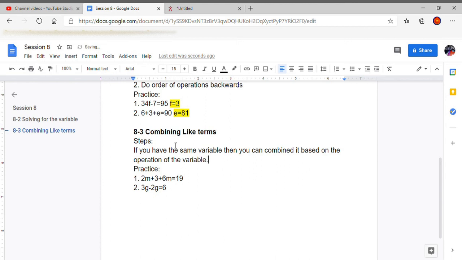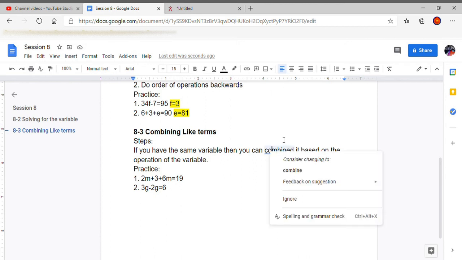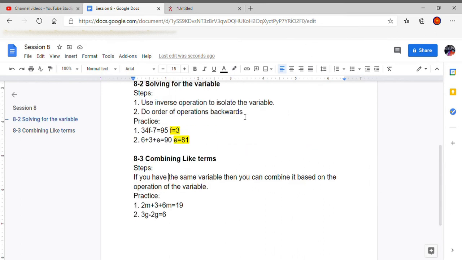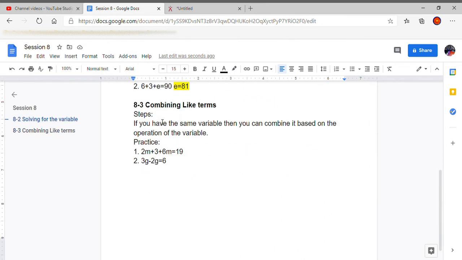So do these practice problems. It's very simple. I'll give you a hint: you're going to have to use the commutative property of addition, so you can switch the order of the numbers and just combine the variables based on the operation. Use this step combined with these steps to solve.